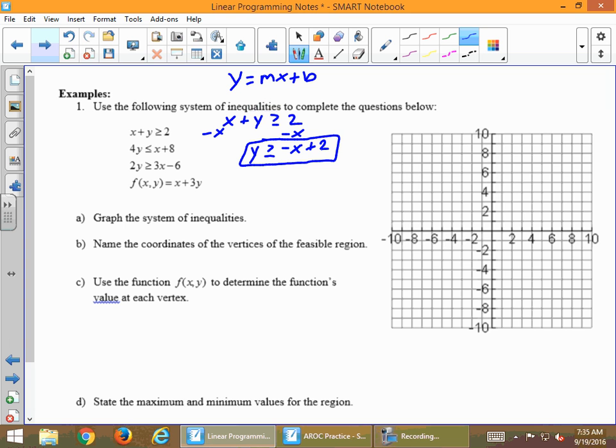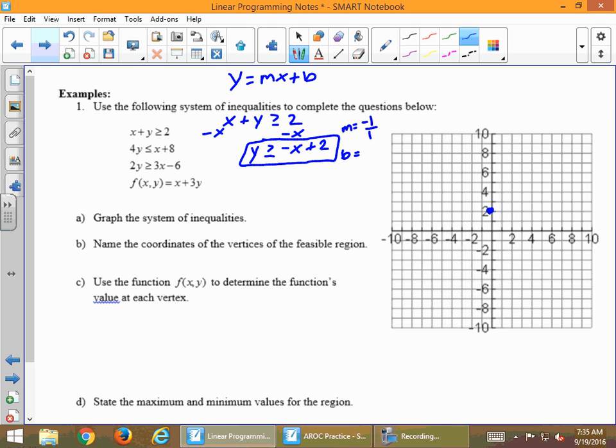Let's go ahead and graph it. Graph it just like a normal line, knowing the inequality symbol is there. So when we graph it, where are we starting? We're at 2 on our y-axis. And then what's our slope? Down 1 over 1. Because there's a negative sign in front of x, our slope is negative 1 over 1.